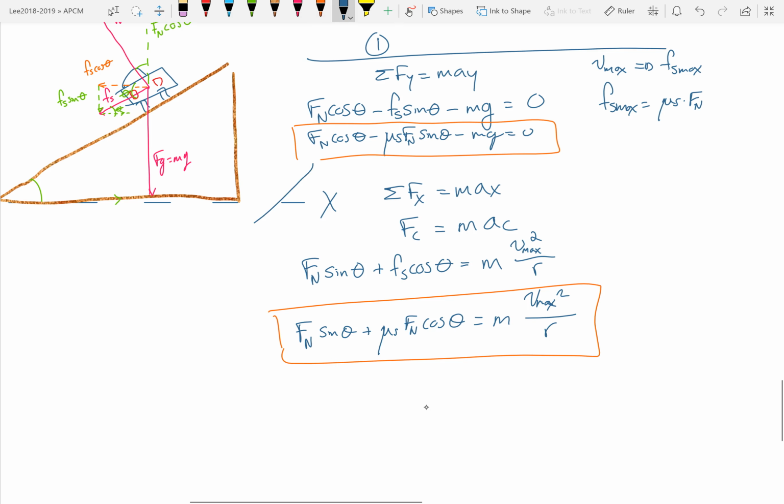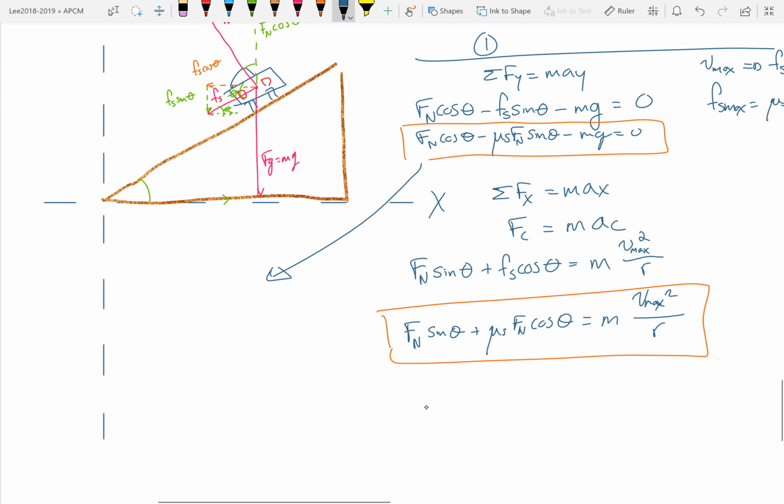So I'm going to come over here with this guy. Solving for normal force, I got to add mg, I got to add mu s sine theta, and I got to subtract cosine theta.